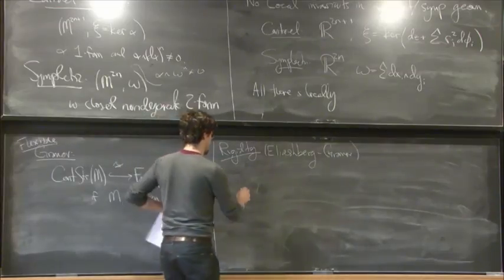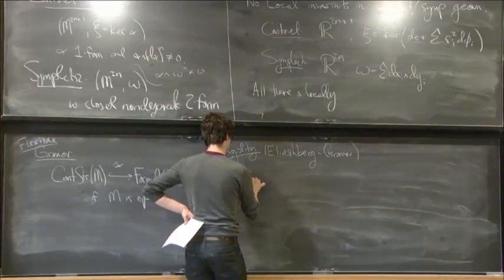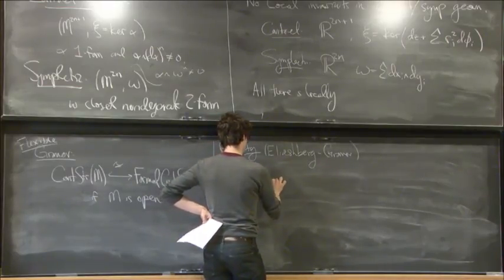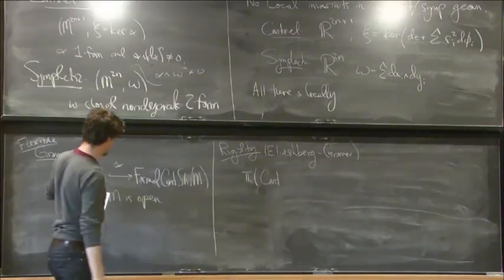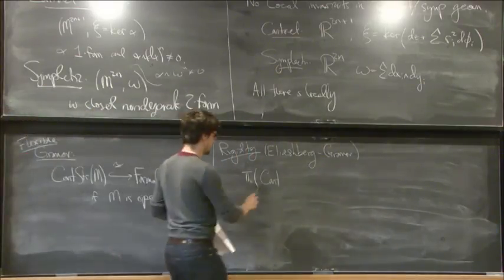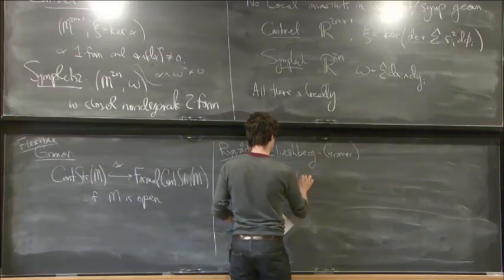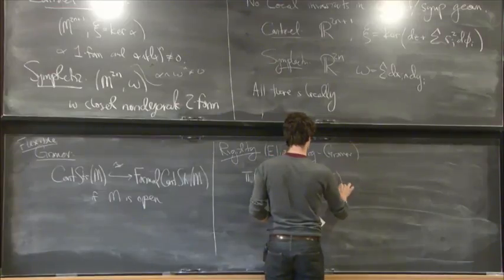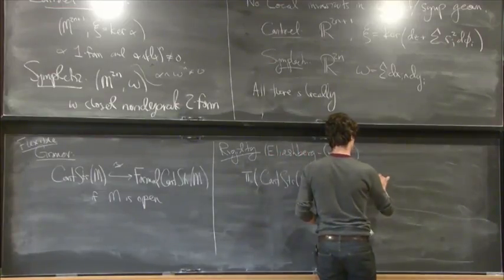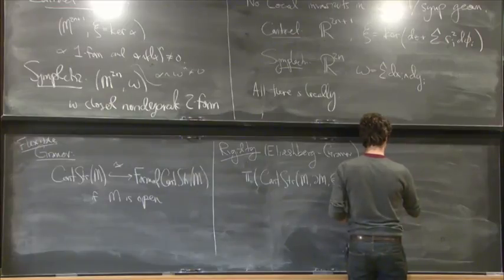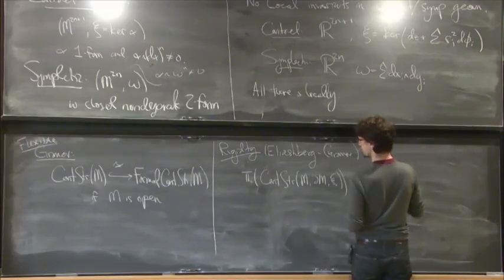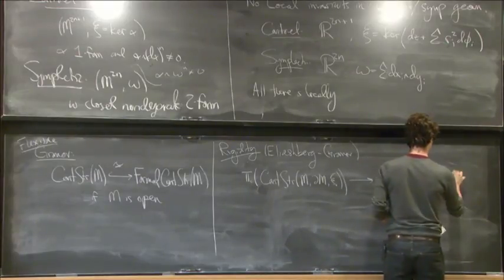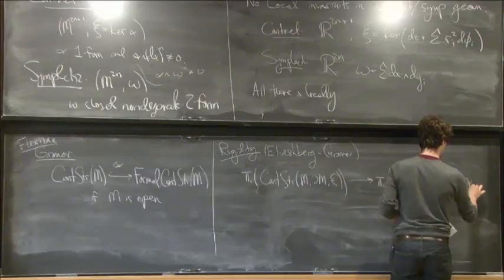And it says the following, that you have the following failure of a homotopy principle, where if you looked at this rel boundary, so contact structures on M rel boundary of M into pi 0 of formal contact structures on M rel boundary of M.